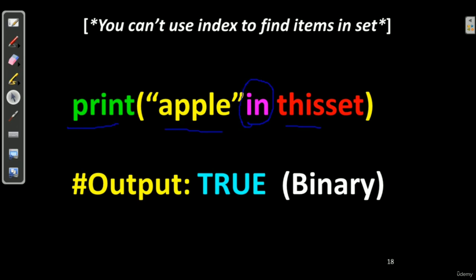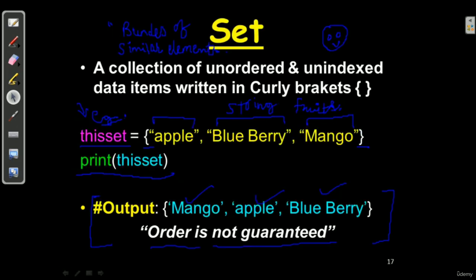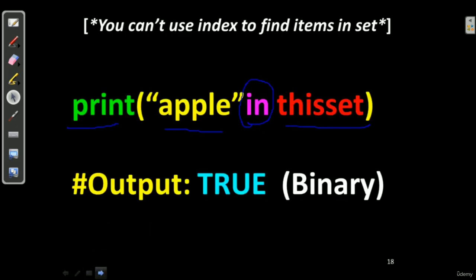This set, as we have seen earlier, is here, and in is an operator we are using to check if the element apple is present in this set or not.